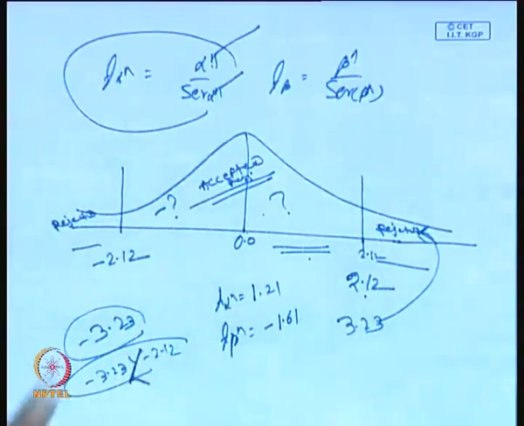Of course, we have not considered the level of significance here. This is based on two things. First is the sample size, that is, the degrees of freedom, and second is the probability level of significance. It may be 1%, 5% or 10%. The values come out different for 1%, 5% and 10%, and the sample size also changes them.